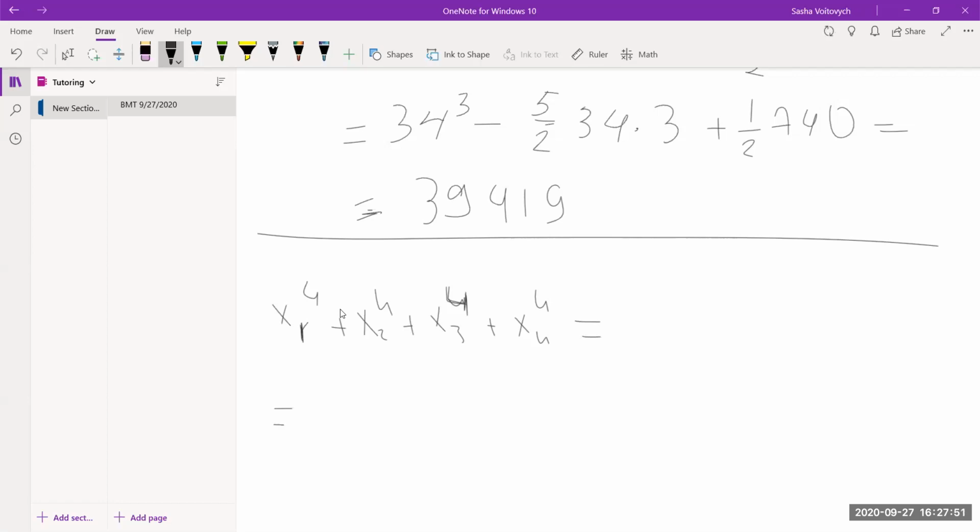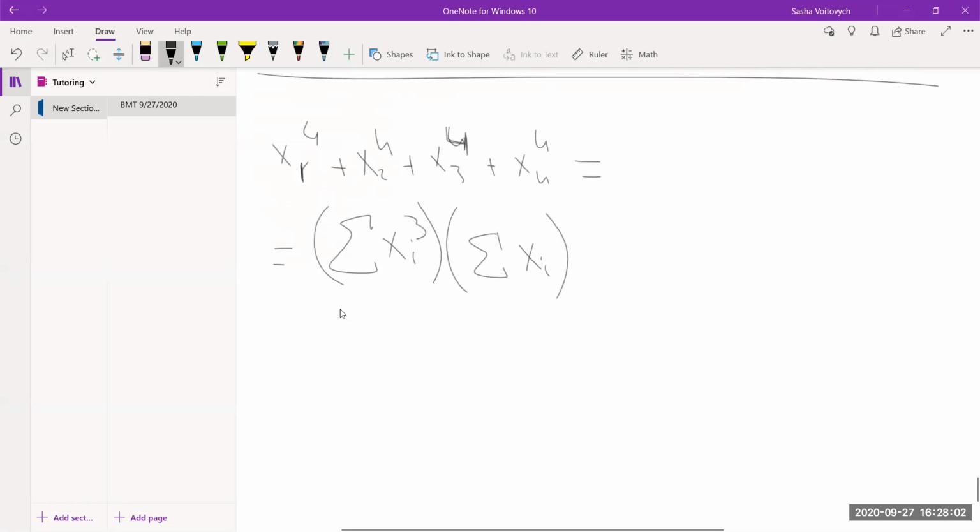So again, we follow the same strategy. We want to reduce the maximum power of the polynomials that we're dealing with. At first, this maximum power is 4. So now we want to decompose it into the product of two polynomials with lower powers.